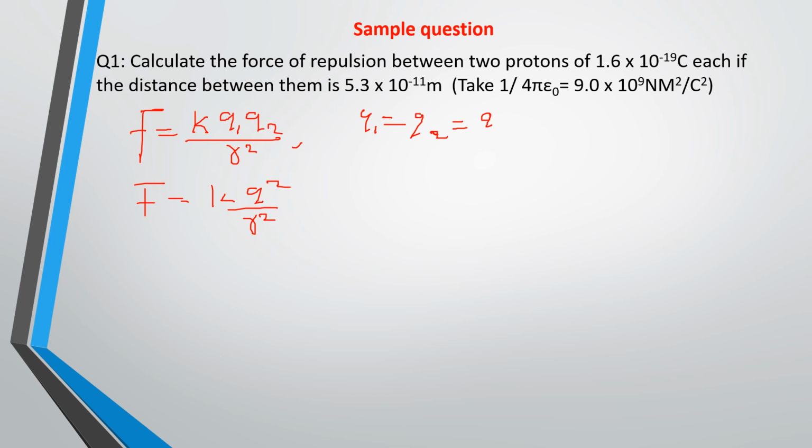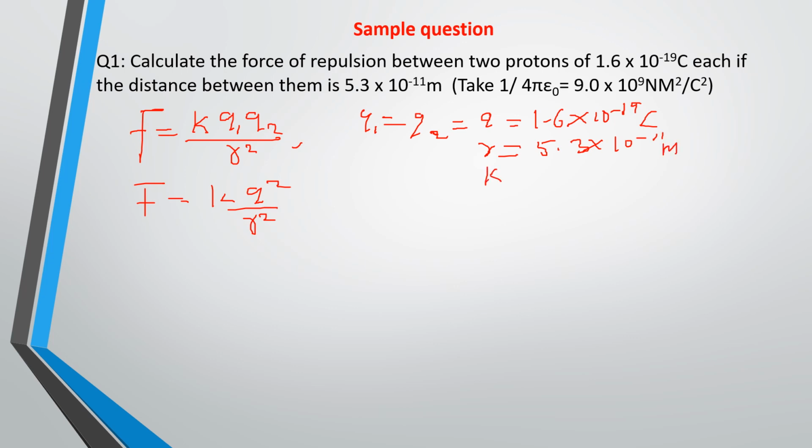We already know the value for the charge on the proton. The charge on the proton is 1.6 times 10 raised to the power minus 19 Coulomb. Their distance apart, r, is given to you to be 5.3 times 10 raised to the power minus 11 meters.